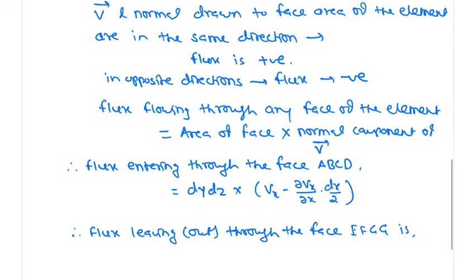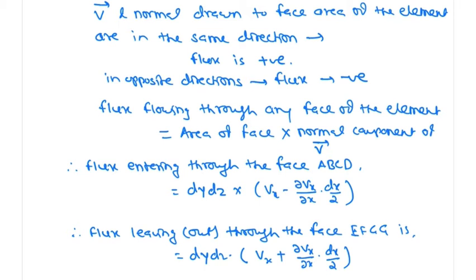The area of the face EFGH is the same dy dz, into the normal component of the vector point function whose magnitude is Vx plus ∂Vx/∂x into dx/2. Now we are considering this equation 1 and equation 2.